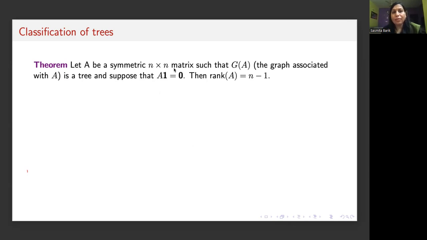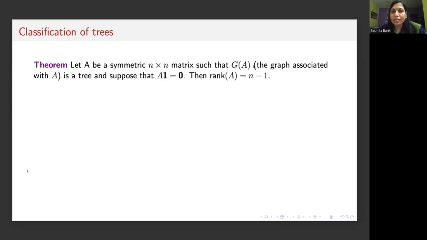So let A be a symmetric matrix, and let G_A be the graph associated to A. A is a symmetric matrix, so it can have certain non-zero entries. If we are taking the zero matrix, it will correspond to an empty graph. So A has certain non-zero entries and it's symmetric.